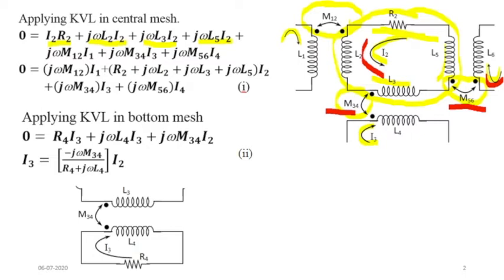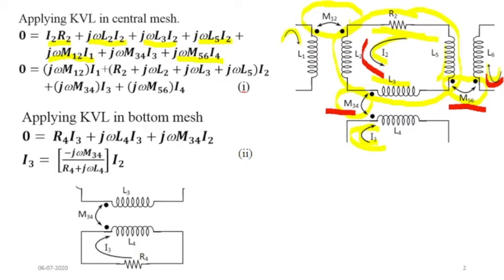So the next term is j omega M12 I1 because the current through L1 is I1. Similarly j omega M34 I3 because it is belonging to the current which is flowing through L4. And lastly j omega M56 I4 because it is belonging to the current through the rightmost mesh.